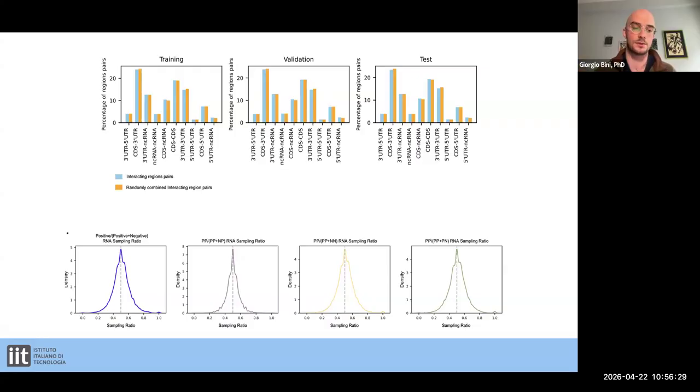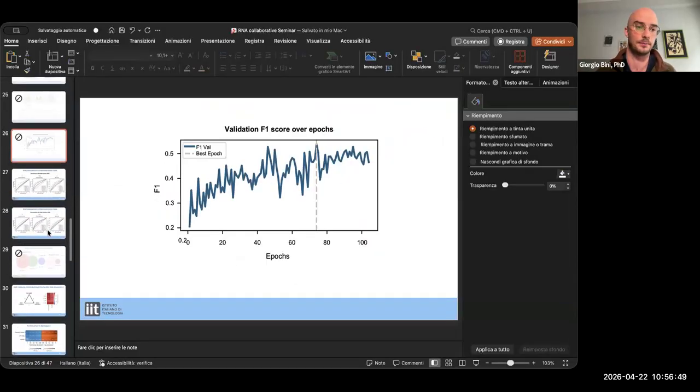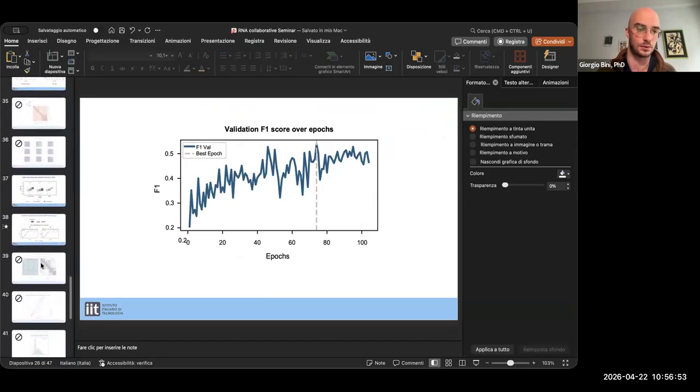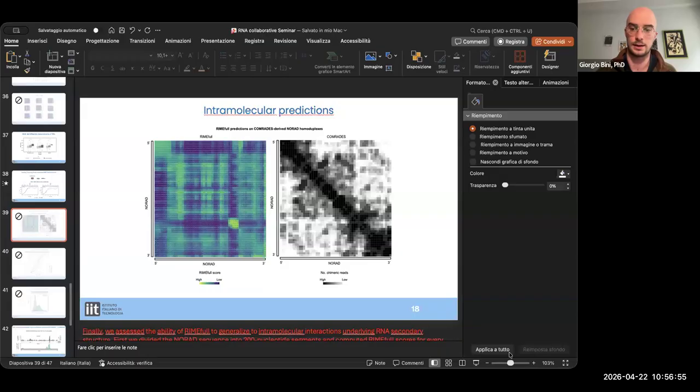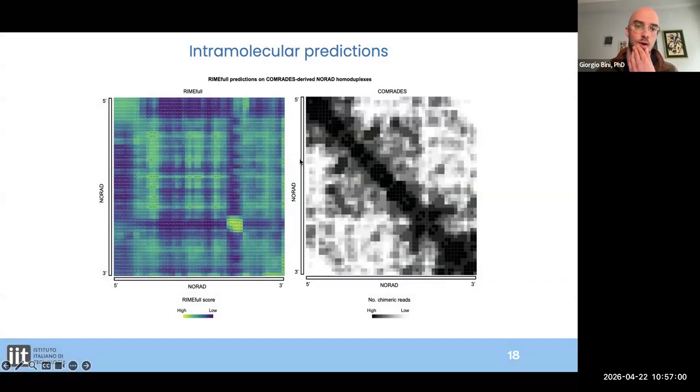Yeah, the point about the secondary structure she was mentioning is also interesting. We also tested RIME over secondary structure prediction, just to see if there was an overlap, an enrichment in the performances also for this task. And I have also something here.